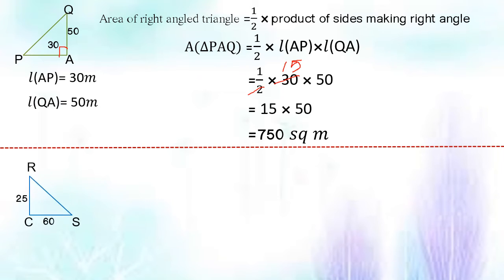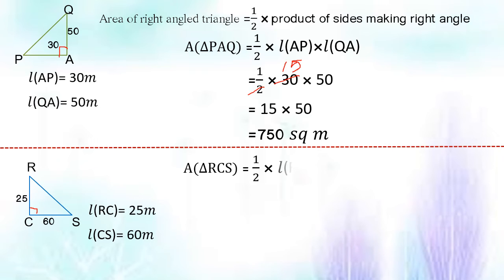Now next, triangle RCS, where RC is given 25 meter and CS is 60 meter. So length RC equal to 25 meter, length CS equal to 60 meter. Again, angle RCS equal to 90 degrees. Therefore, this is the right angle triangle. Therefore, area of triangle RCS equal to half into length RC into length CS.